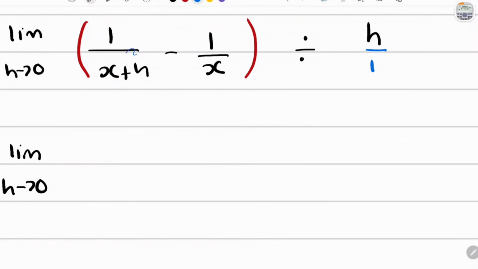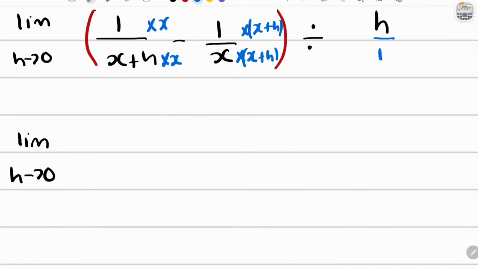If you look at these fractions separately, the only way to make the denominators the same is to multiply them by each other's denominator. So this one you'd multiply by x, and so what you do on the bottom, you must do on the top. This one, you would multiply by that x plus h. So times x plus h and times x plus h.